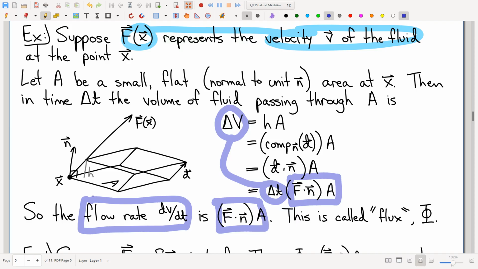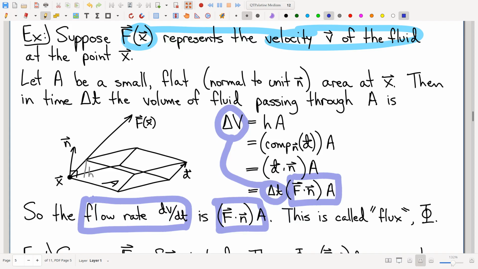Everybody buy it? Yeah. Why is it change in volume, not just... Oh, no, delta in this case doesn't mean change. Delta means a little piece of, right?